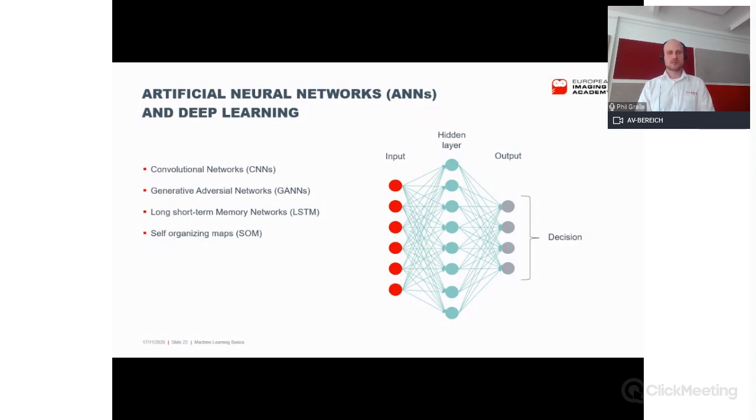The ones in the middle we call hidden layers because they are not obvious if you look from outside, because you have only an input and an output. What happens in between, you don't see. So that's why they're called hidden layers. And if you have more than one, we talk about a deep learning approach. And here you see a fully connected network, so everything is connected with each other.